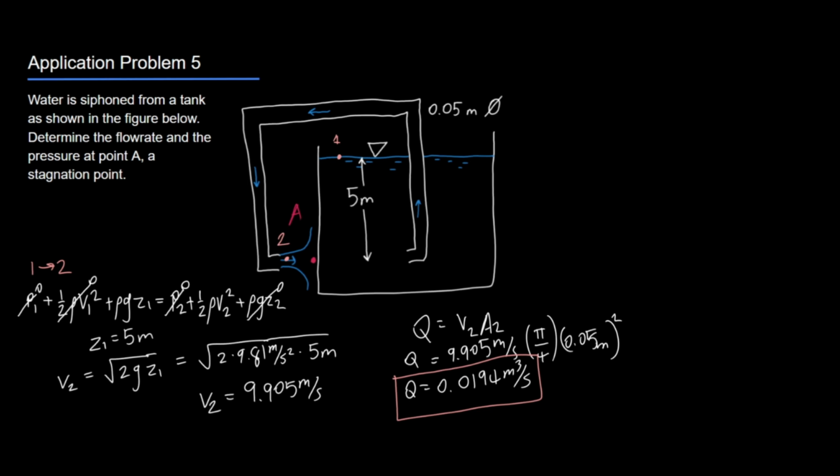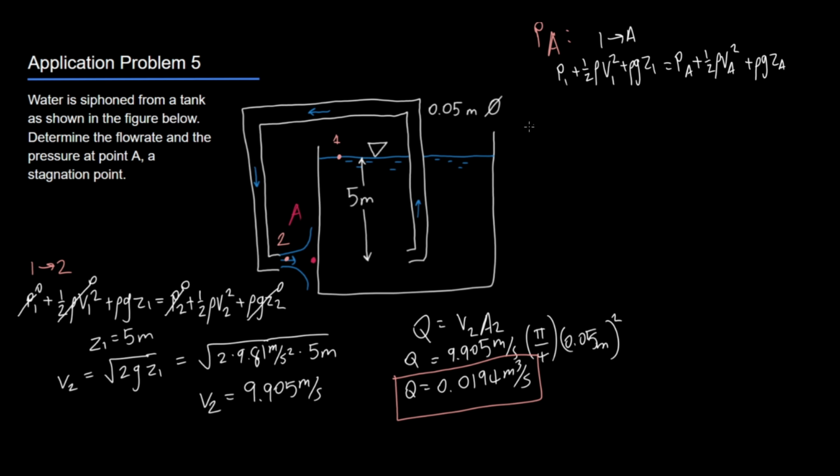And then we want to find the pressure at point A. So we will solve for PA, where we'll find the pressure at A. We're going to do that by the Bernoulli equation, going from point 1 to point A. So we'll have P1 plus 1/2 rho V1 squared plus rho G Z1 is equal to PA plus 1/2 rho VA squared plus rho G ZA.